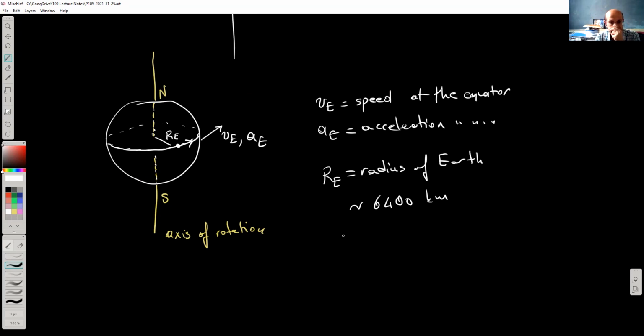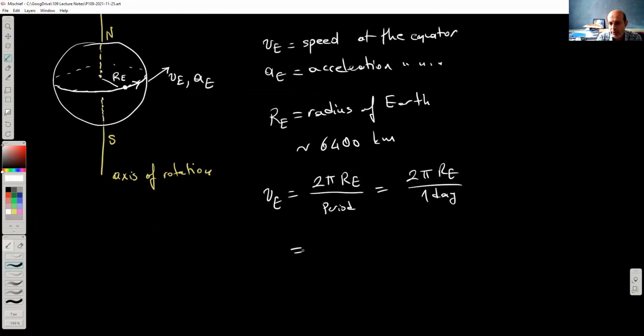In any case, with this figure, I'm just going to compute things. Basically, the speed is the circumference of the Earth around the equator divided by the period. Let me write period in here. The period is basically 1 day, but we would like to compute this in terms of seconds.